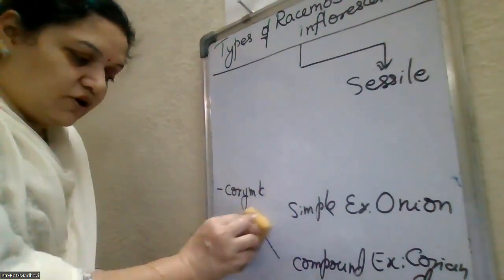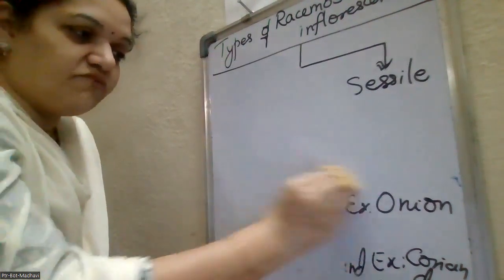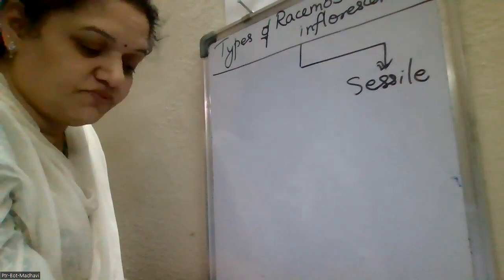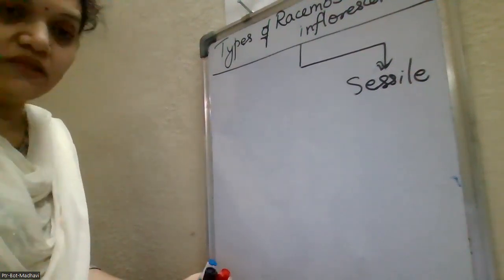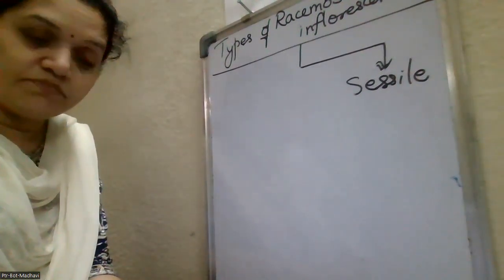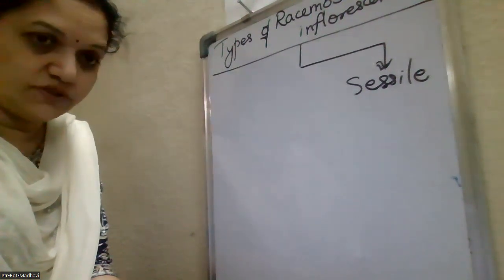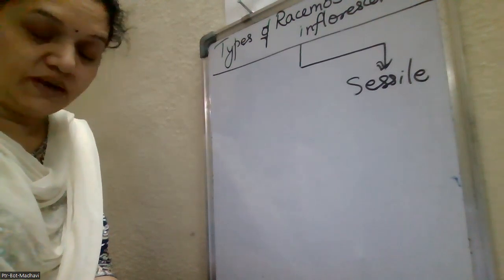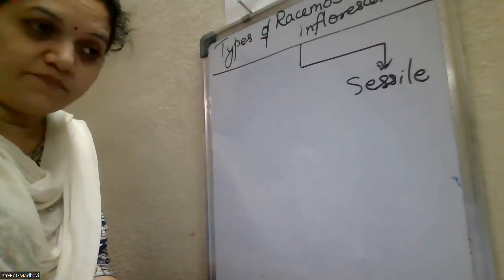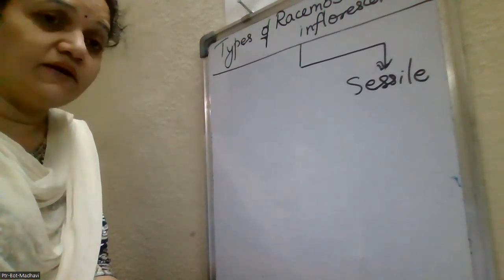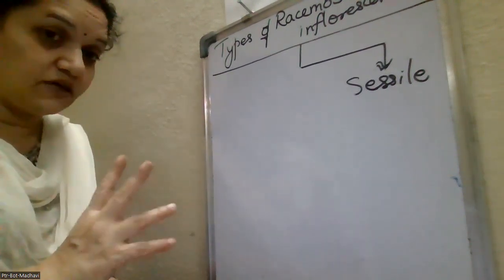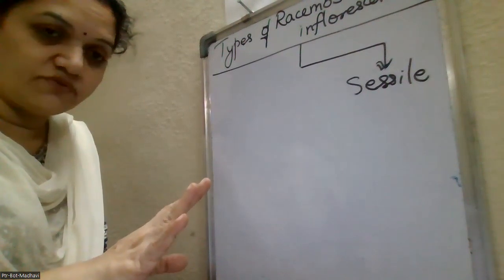In this, all the bracts are fused to form involucre of bracts, and bracteoles are fused to form involucel in the compound umbel. In the simple umbel, only bracts are fused. In the compound umbel, bracts are fused to form the involucre, and bracteoles are fused to form the involucel. Both can be seen in the compound umbel. That much we have to write.